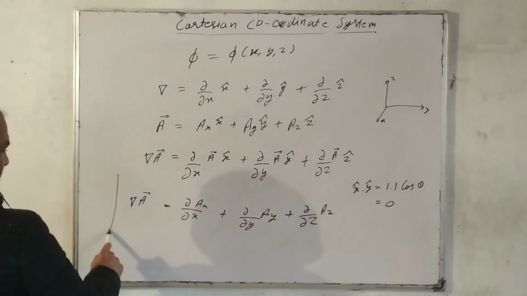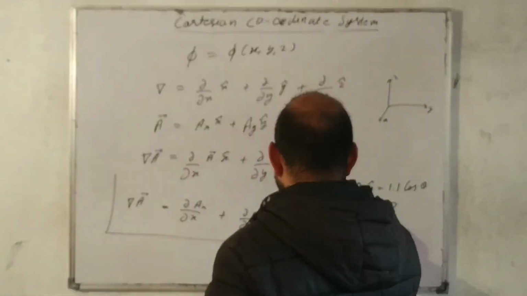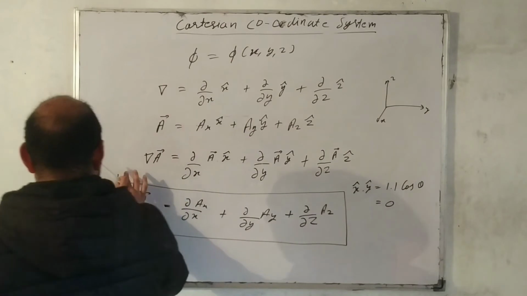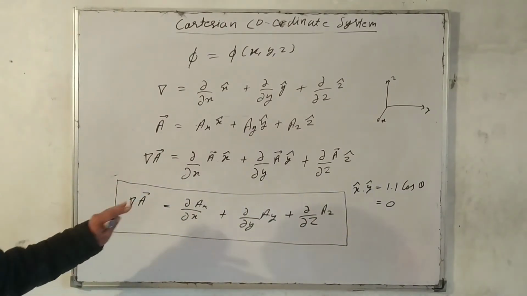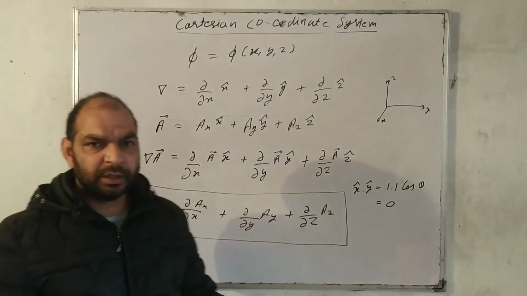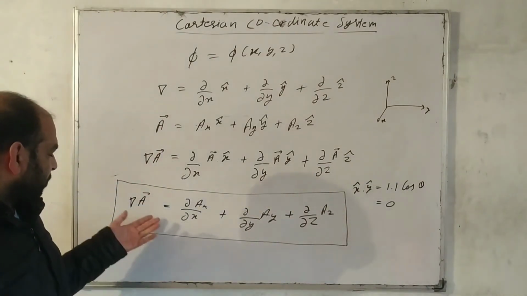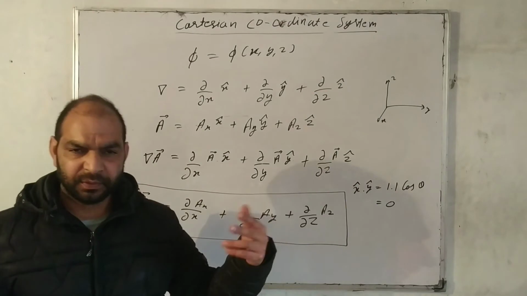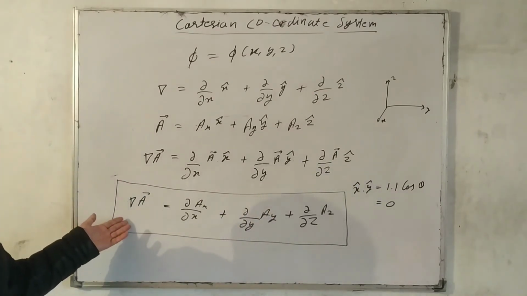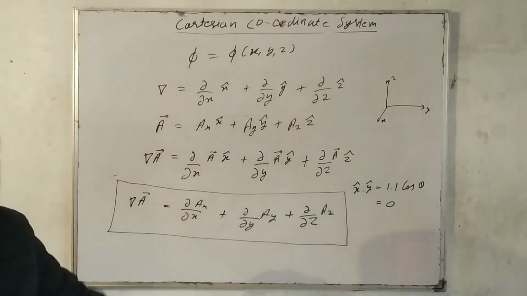So this is the divergence of a vector field. This is used mostly in electromagnetic theory. So we are finding the divergence of the electric field. And it is used in other places also.